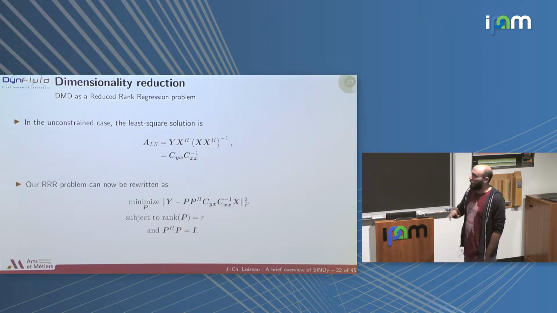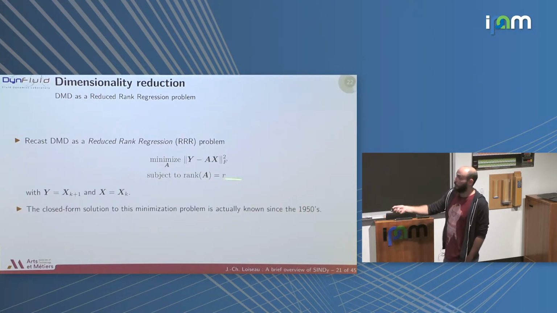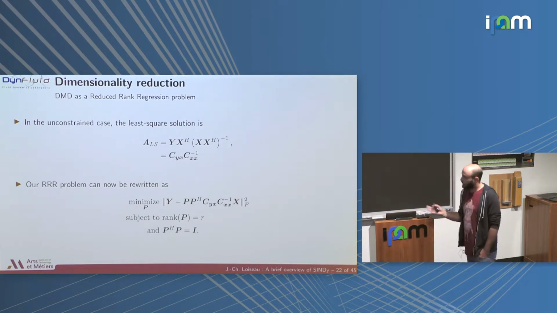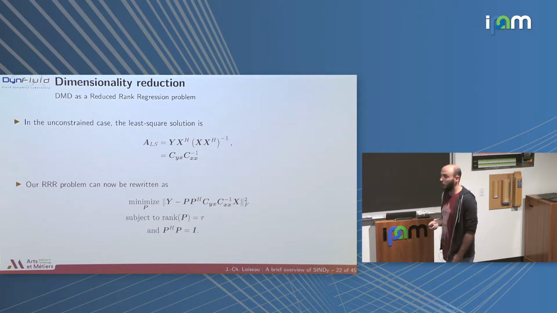I'm not going to do the whole demonstration, it's not very long, but the idea is we're going to start with the unconstrained solution, so we forget about the rank constraint. This unconstrained solution is basically just the least squares solution. And so our reduced rank regression problem, we can rewrite as projecting our unconstrained solution into a lower dimensional subspace of rank r, where PP^H is the projector onto this subspace.